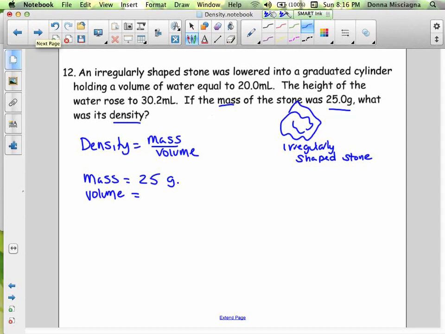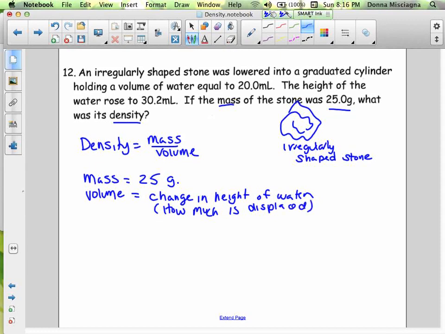The volume is equal to the change in height of the water, or you can think of that as how much water is displaced. So here's where you can't just plug numbers in blindly. You have to think how much water is displaced.